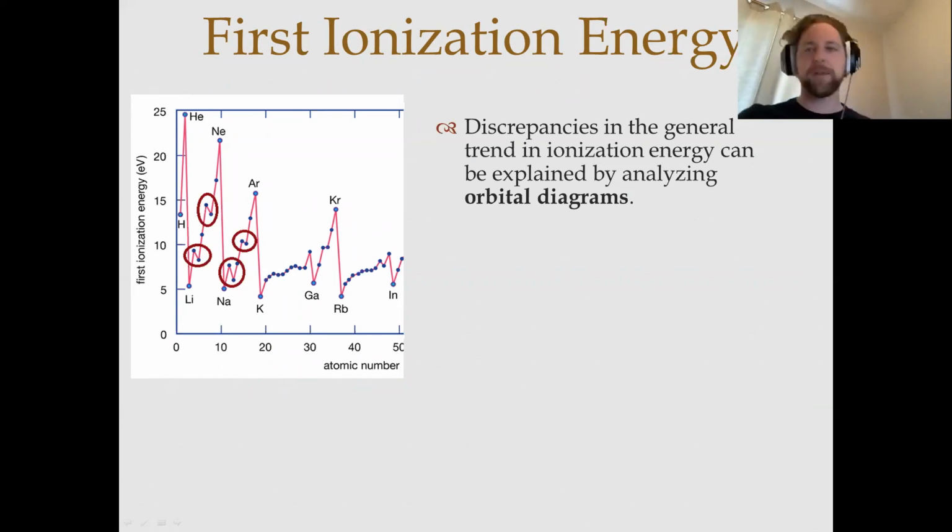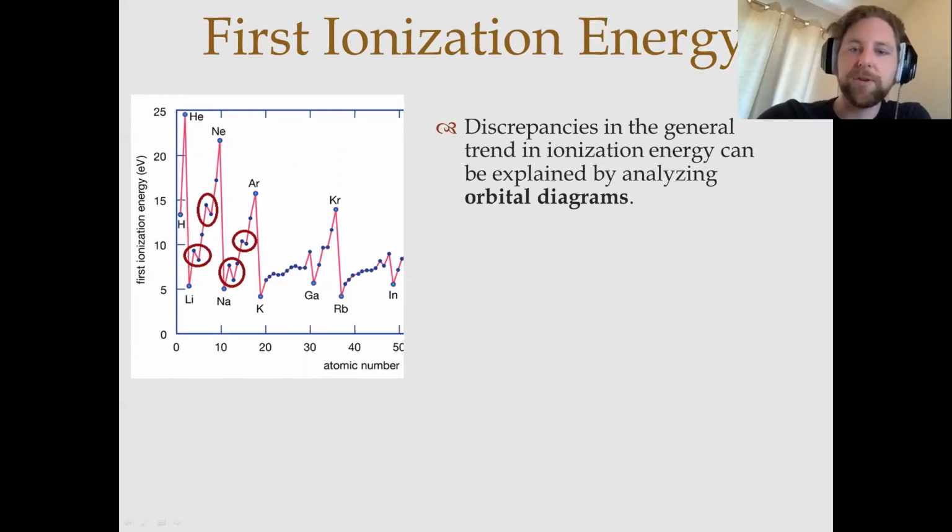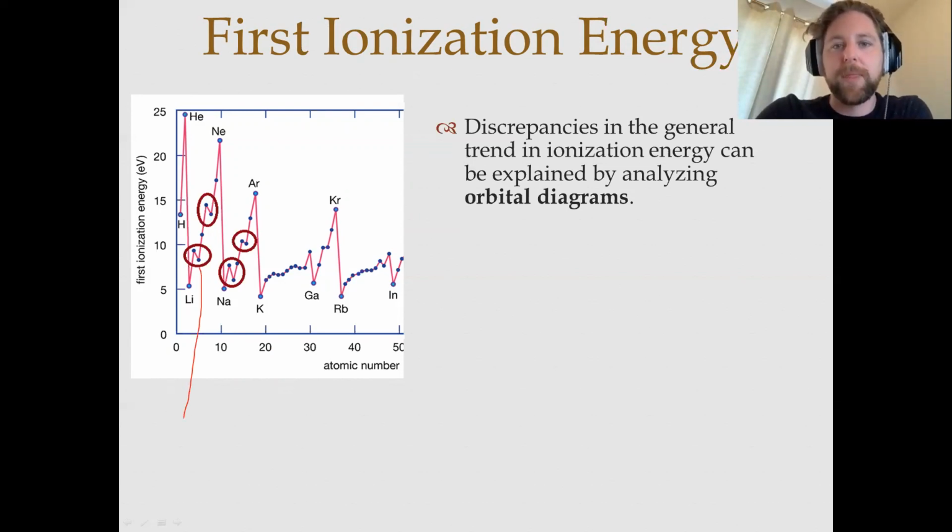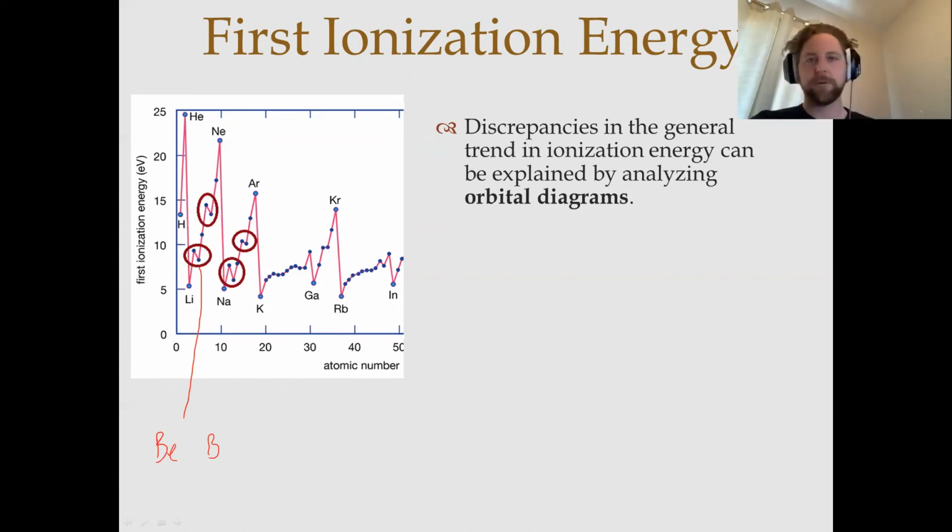Now this is a method that we can expand upon when we get into electron configuration again. But just to give you the gist of it, we have the period 2 elements. The first discrepancy is between beryllium and boron, which in order, the dots represent beryllium and boron.